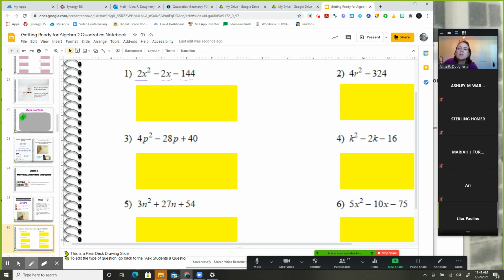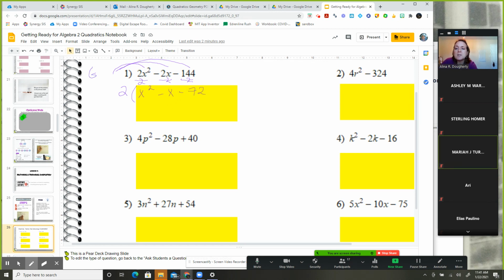What can I divide or take out? 2, absolutely. So I'm going to take out the 2, which means I'm dividing by 2, divide by 2, divide by 2. And what am I left with? X squared minus x minus 72.